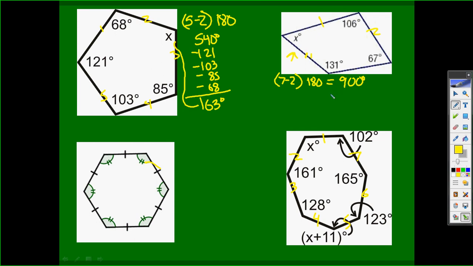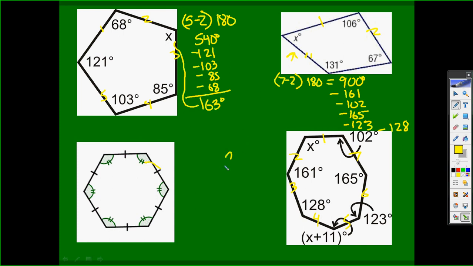And if I subtract away the angles that I already know, 161, 102, 165, 123, and 128, 900 minus 161 minus 102 minus 165 minus 123 minus 128.